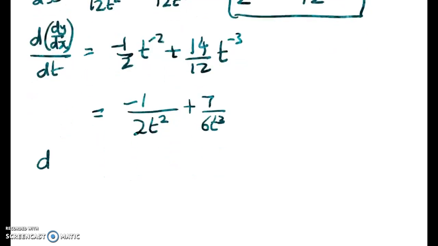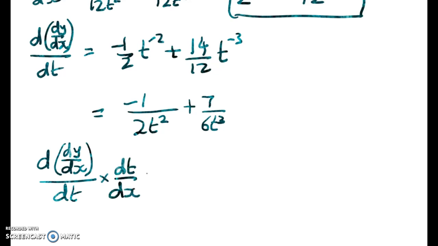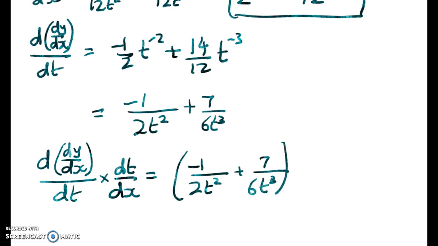The second derivative with respect to x is this, times dt by dx, which was 1 over 12t squared.